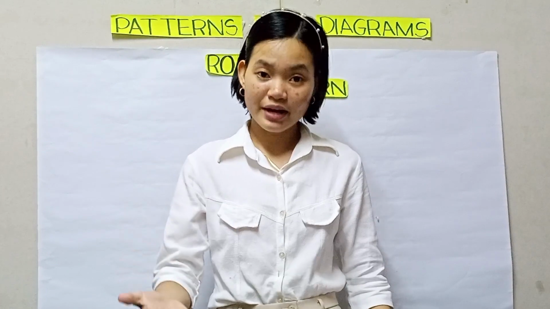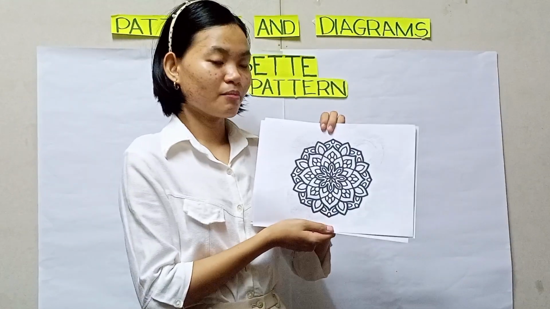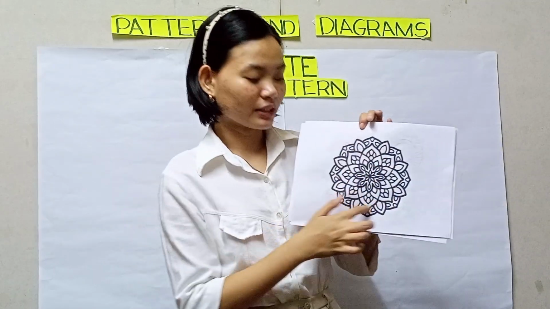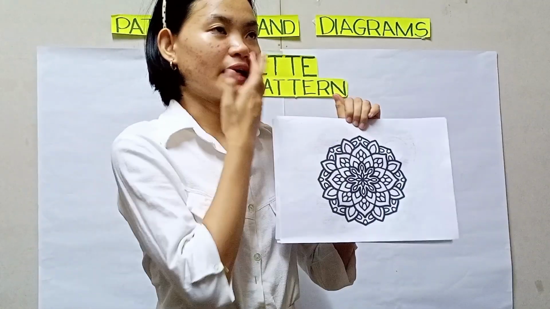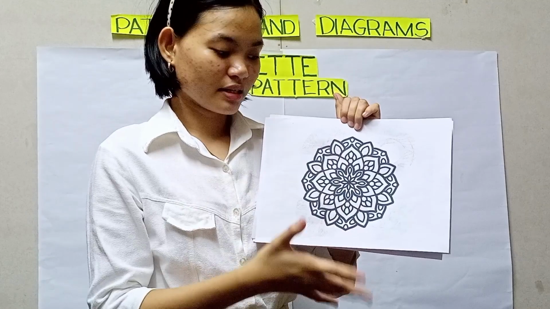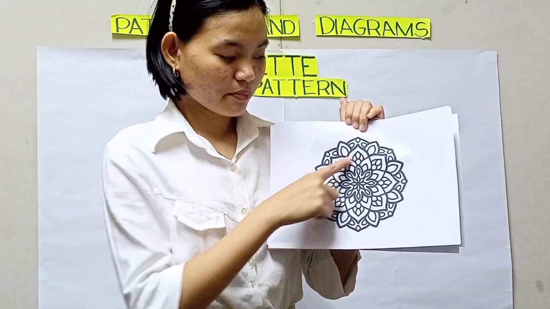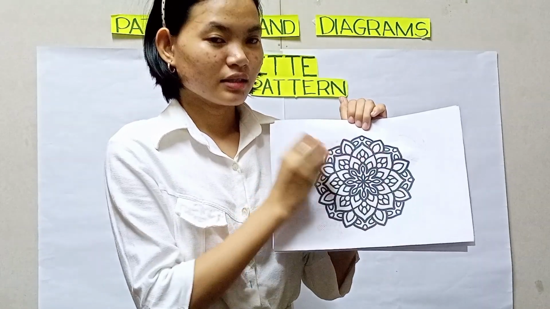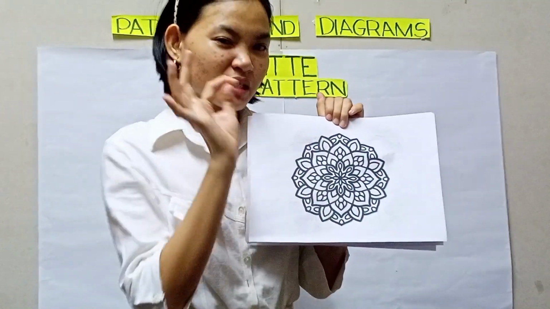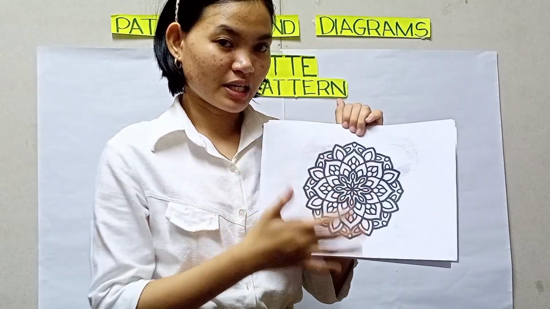So the second example that I will provide to you is the mandala pattern. The mandala pattern exhibits a circular arrangement where, yes, it is a flower, but its pattern is arranged in a specific circular arrangement.